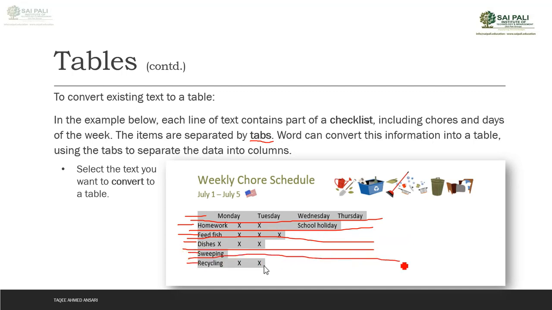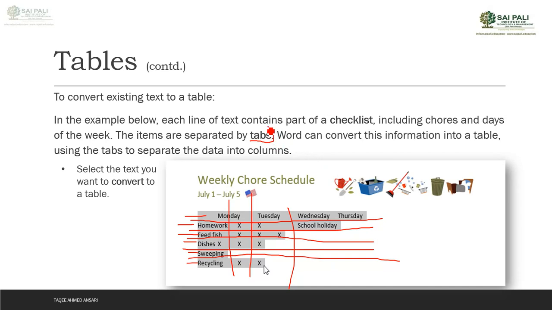But the problem comes for the columns. Because it's a line, Word has to decide how many columns you have and which word is in which column. So the columns have to be decided. For deciding the columns, Word uses the tab.